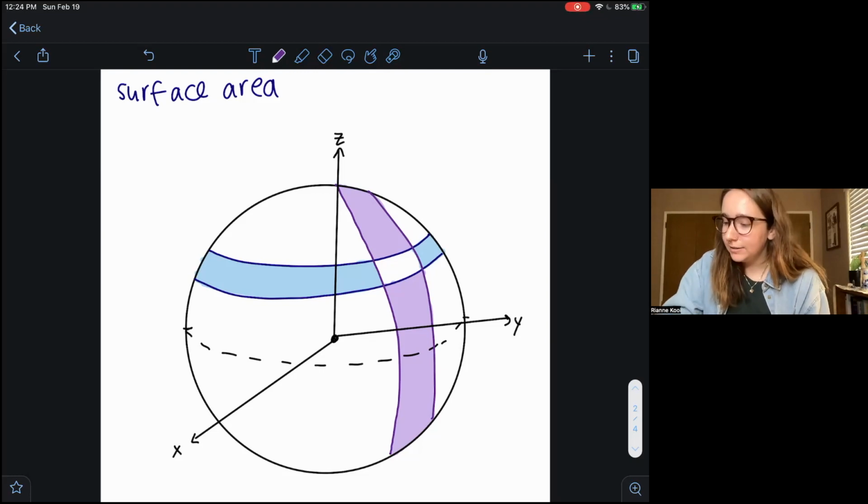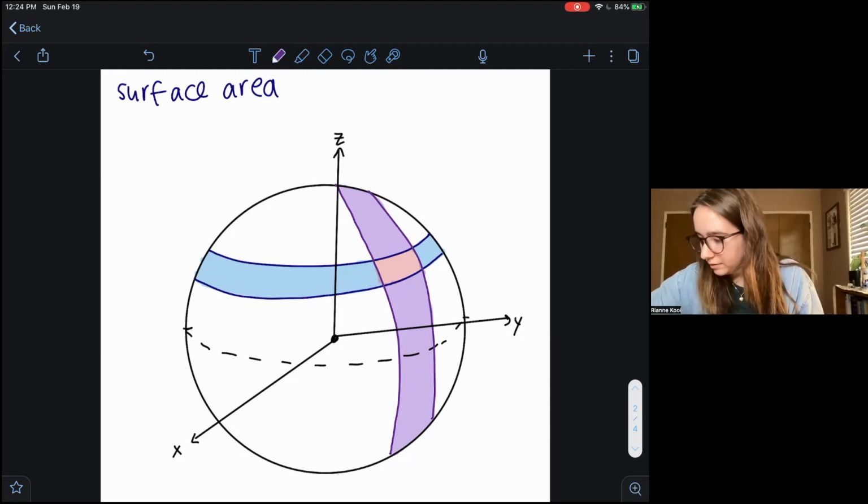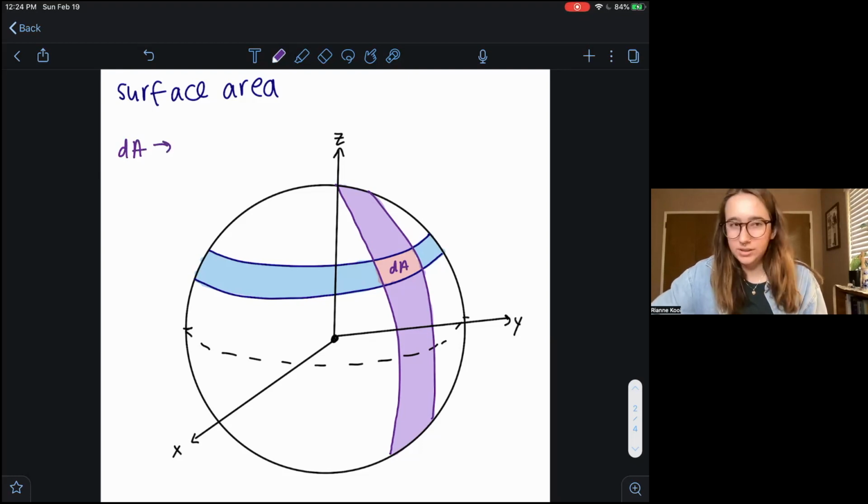I created these lines so that we can make a little area to integrate over. So that is going to be this little area right here. All right, so that most resembles a rectangle. So let's call this dA, and dA looks like a rectangle.